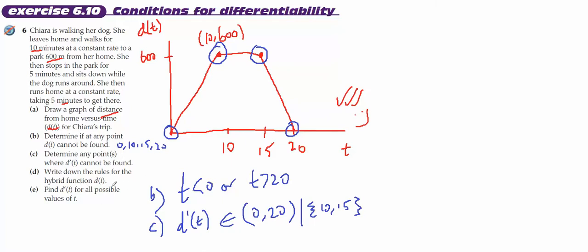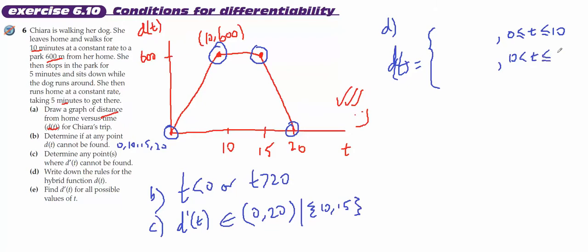Part C, write down the rules for the hybrid function d of t. Okay, in part D, d of t equals 3 different rules for different circumstances. When t goes from 0 to 10, when t goes from 10 to 15, and when t goes from 15 to 20.